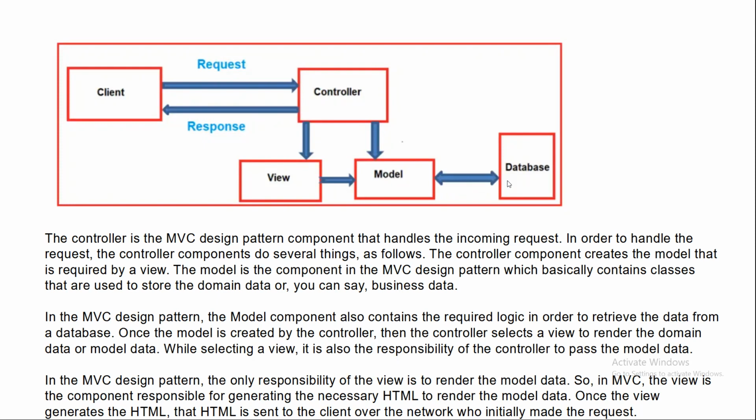Suppose you have an employee model available, an employee class. From the client I say, hey, I'm looking for the employee information for employee ID 005, let's say. What happens? The control goes to the controller. The controller passes the information to the model: hey, I'm looking for the employee details for employee ID 5.